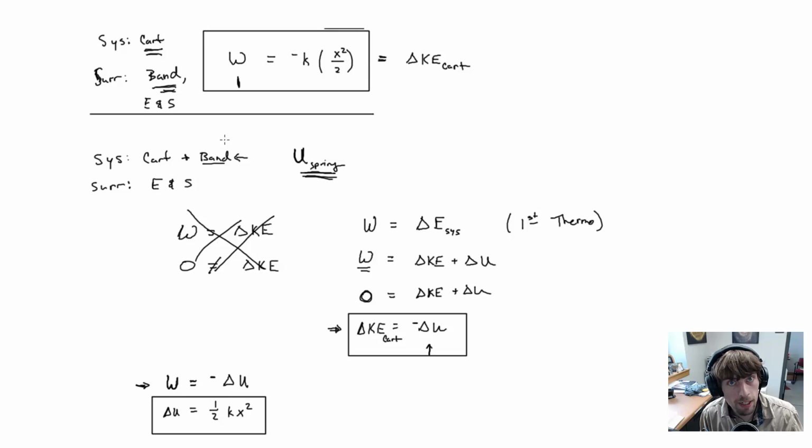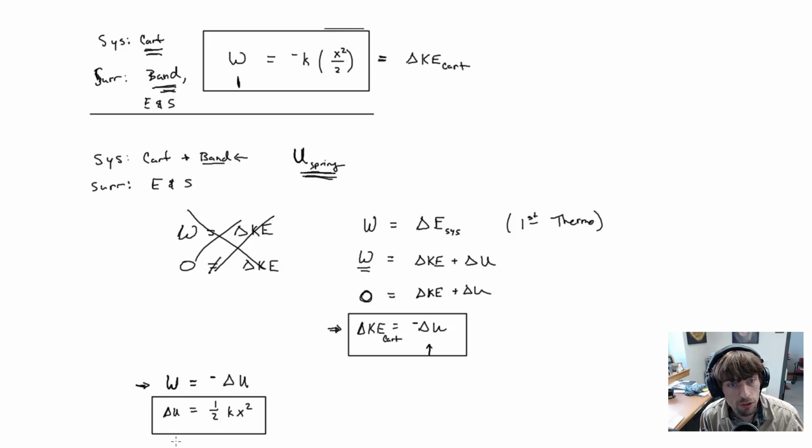If you put the rubber band into the system, then you just have two different types of energy to worry about, and you don't have to worry about work at all. And it's not by accident that essentially the work and the expression for the change in potential energy are exactly the same, differing only by a sign, a negative sign.